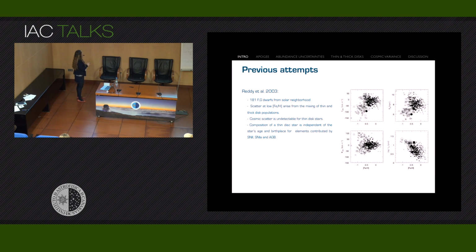He then measured some kinematic properties of these stars. The black dots are the thin disk stars from Reddy, and the other stars were thick disk stars from other studies. And here you can see how, although it seems that the thin disk stars are different from the thick ones, in the kinematic properties they overlap.